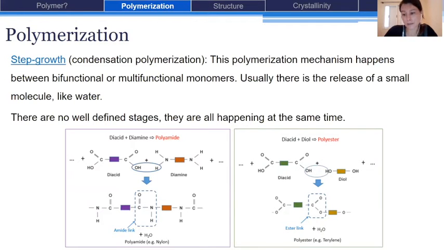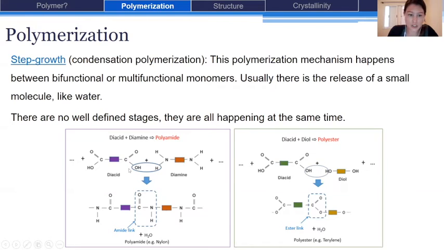So let's take the example below. You have here presented the reaction between a diacid and a diamine. In the diacid, you can see that this molecule possesses two carboxylic acids, and the diamine possesses two reactive amine groups.